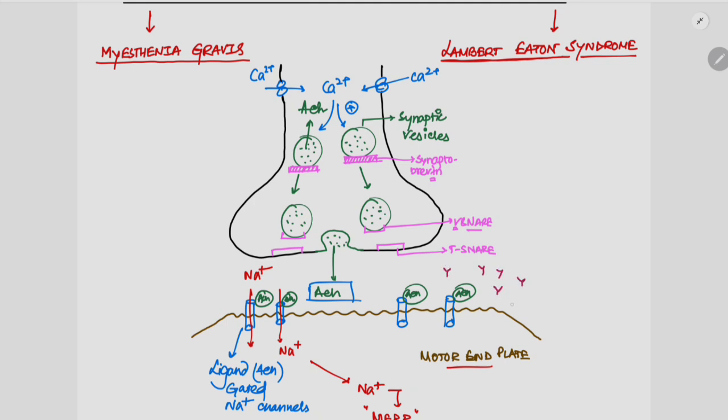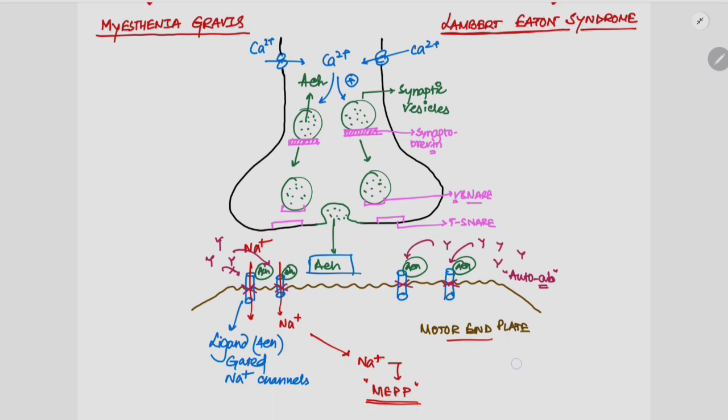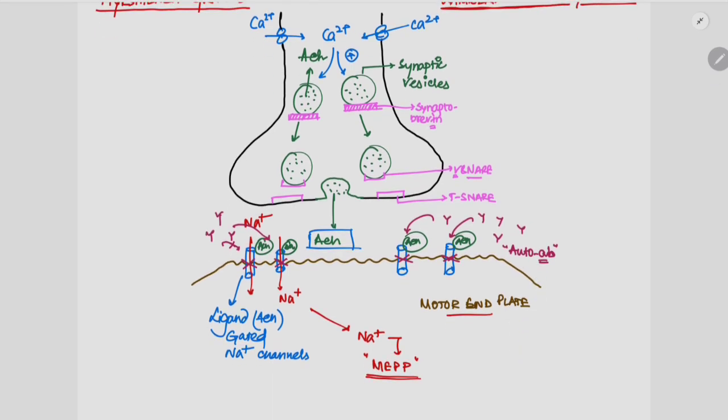These are the autoantibodies against those channel receptors, and they destroy those channels by which sodium enters into the motor end plate, right?